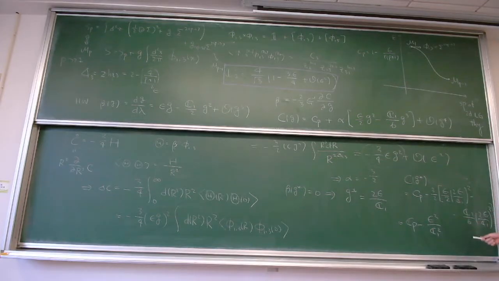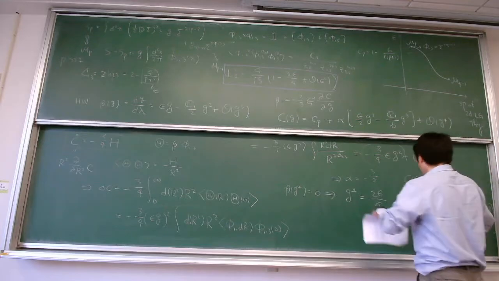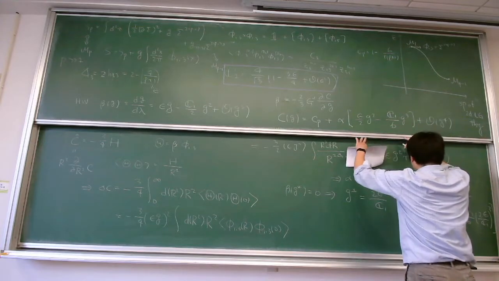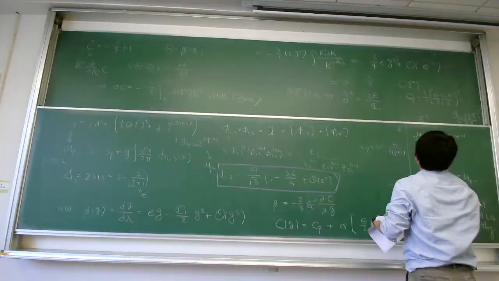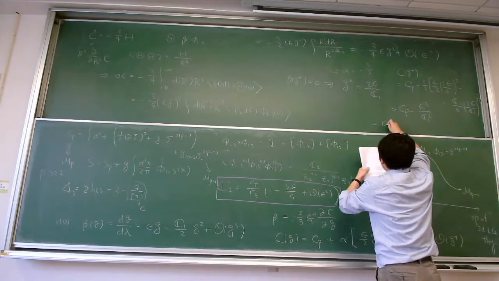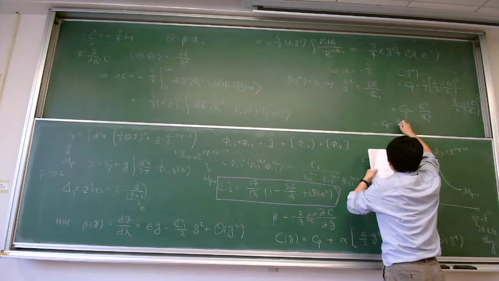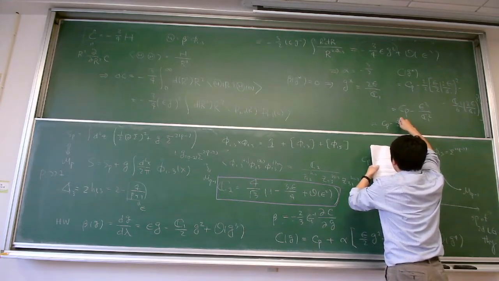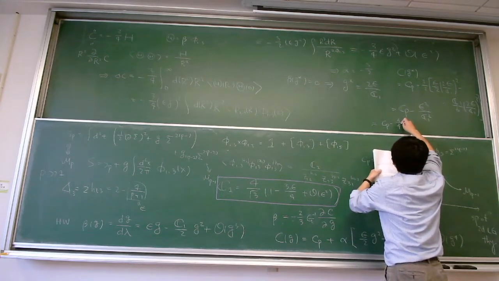Okay, if you do the honest computation, you get e cube divided by c1 square, and then do the computation to plug this one into here. And this is equal to Cp minus 3 over 4 square.